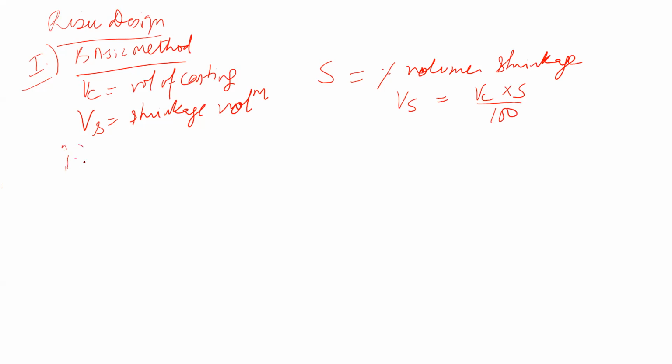So first, in designing, we will take the first condition: VR, which is the volume of riser, should be 3 to 4 times the volume of shrinkage.